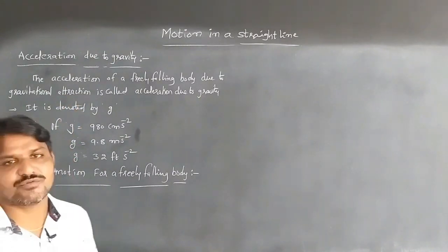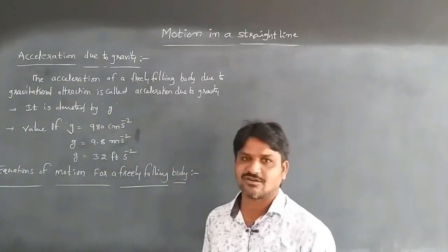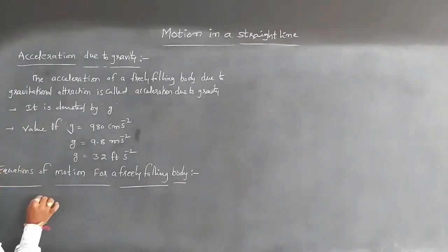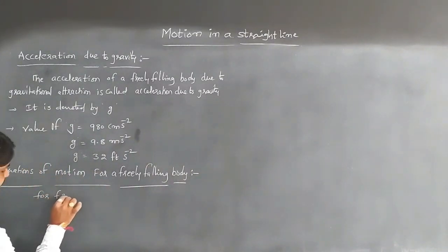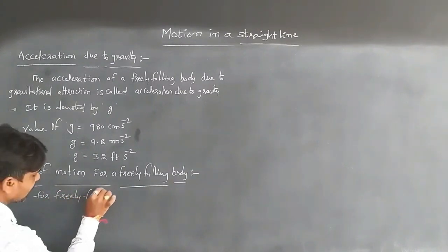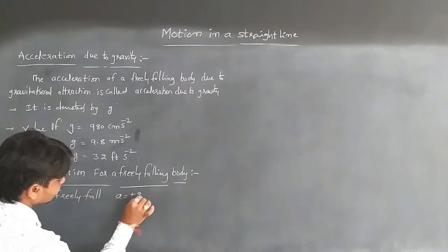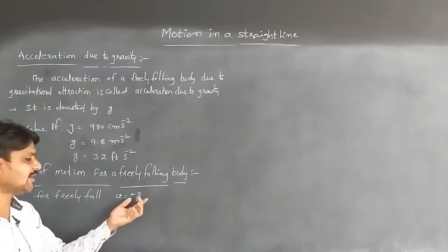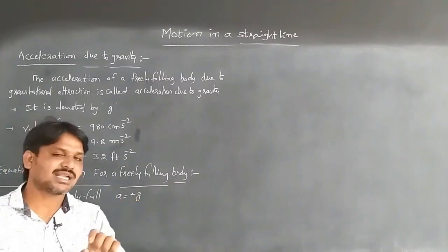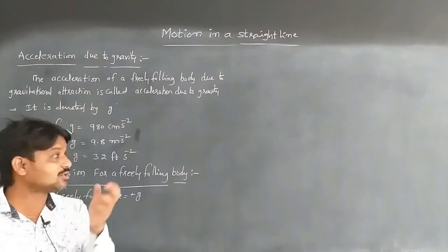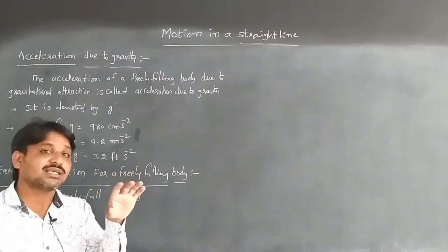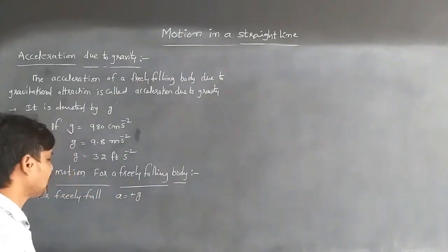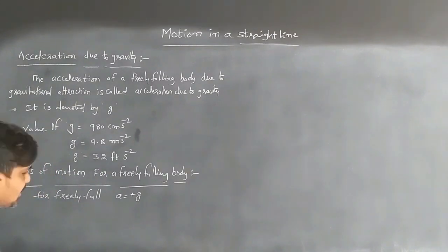For a free fall, the acceleration due to gravity will be positive, because the body is acting under the gravitational effect and some velocity is added due to the gravitational attraction. The body possesses g equal to 9.8 meters per second square, and additional velocity is added. So a is equal to plus g whenever the body is freely falling.